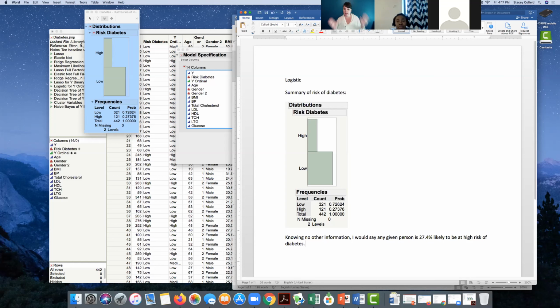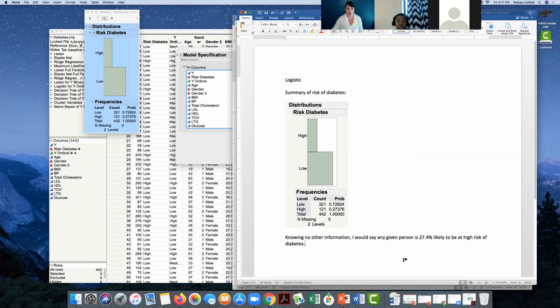So without knowing anything else, if a random person came up to me and asked what's my risk of being in the high risk category, I would say 27.4%. That's your chance. Does that make sense?